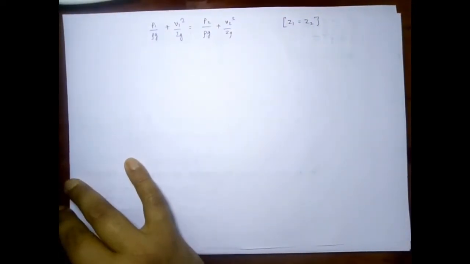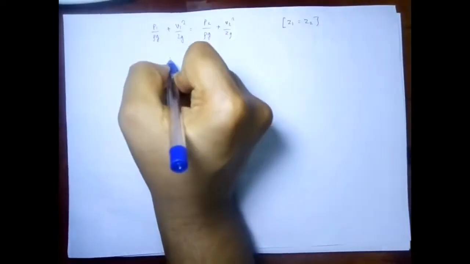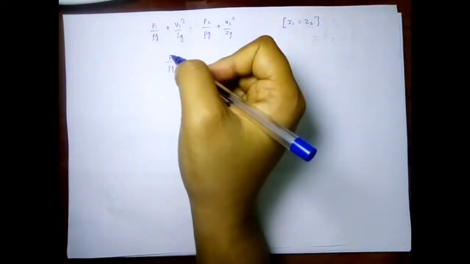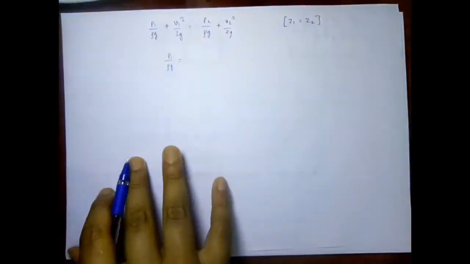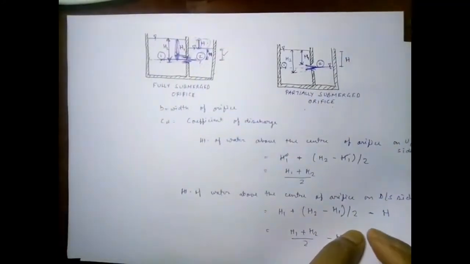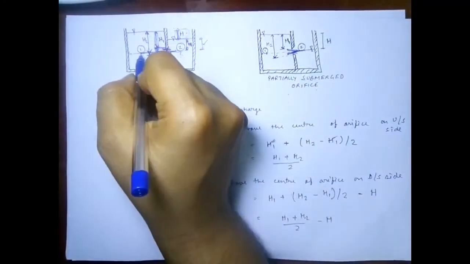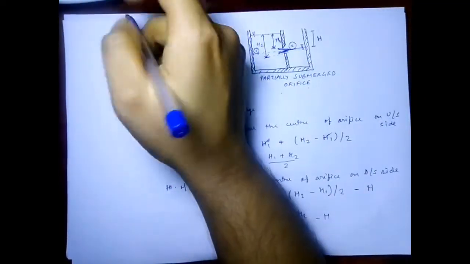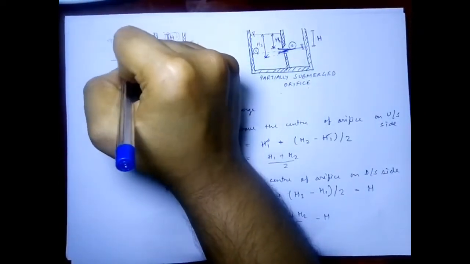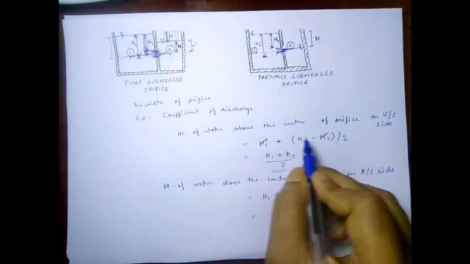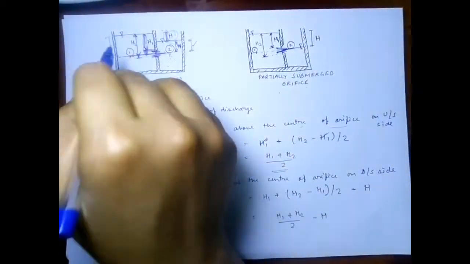And now P1 upon rho g, that is the pressure head, and this pressure head is all due to the water available above this point. The pressure head that will come is all due to the water available above this point, and this one is that water which we got as H1 plus H2 by 2, that is the height of water above the center of orifice.